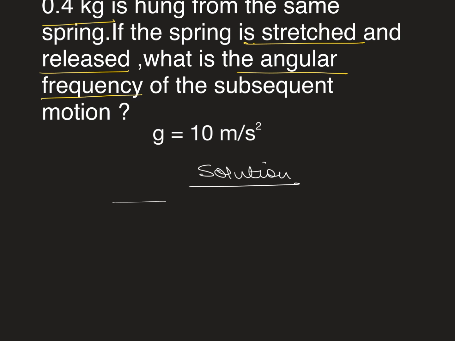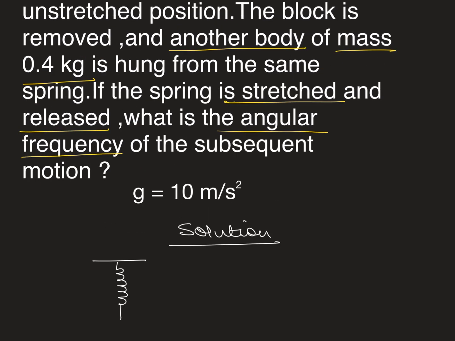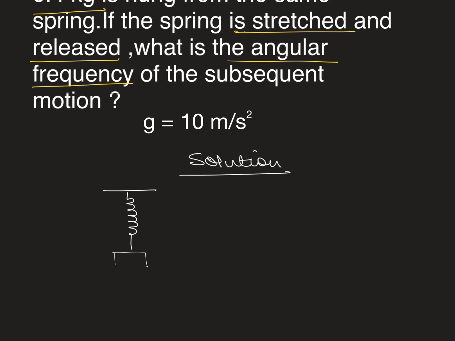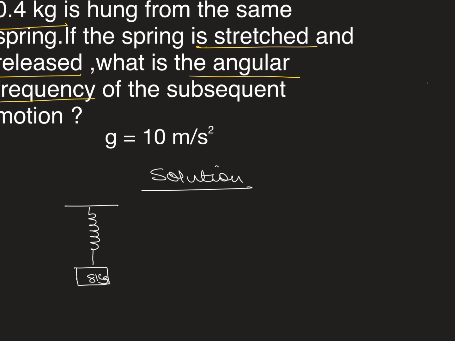Now let's try to interpret the question. Initially, the mass that is attached to the spring is 8 kilograms, and this causes an extension of 0.32 meters.